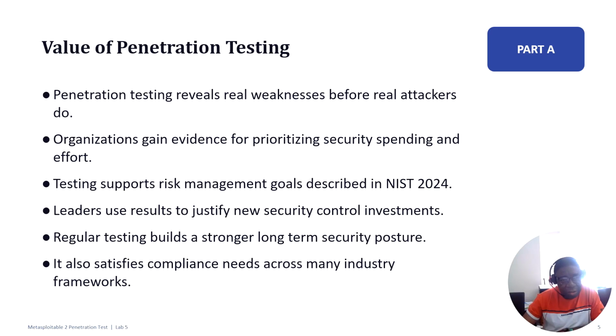This kind of testing also supports the broader risk management functions described in NIST's Cybersecurity Framework 2.0, 2024, and doing it regularly strengthens an organization's security posture over time, while also helping meet compliance requirements across different industry frameworks.